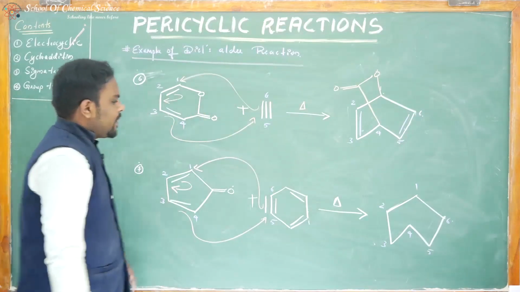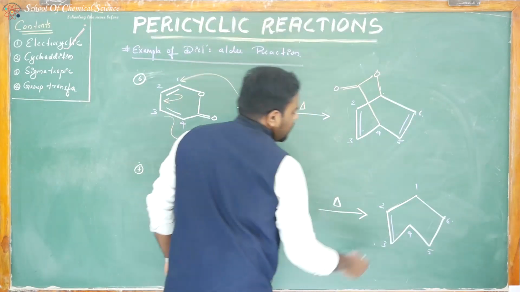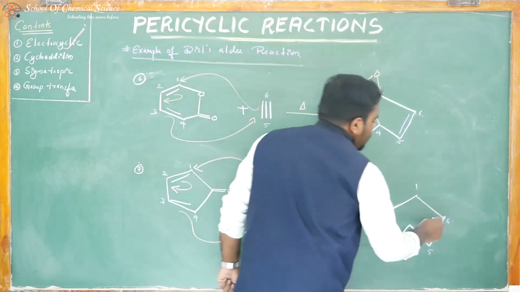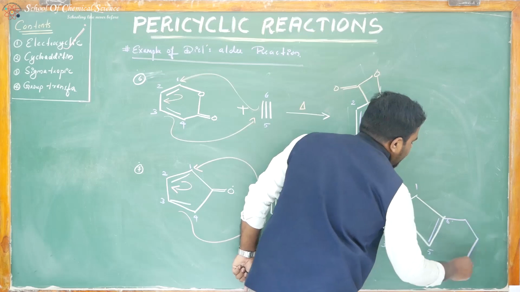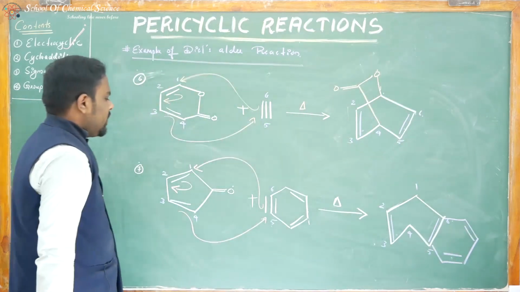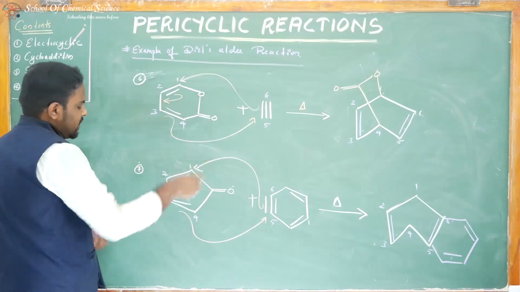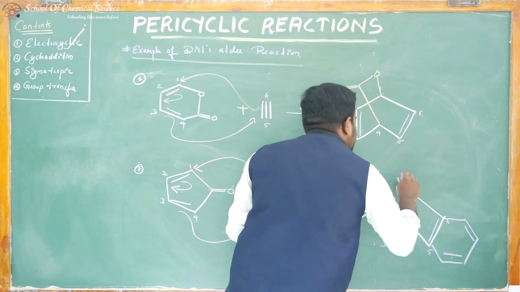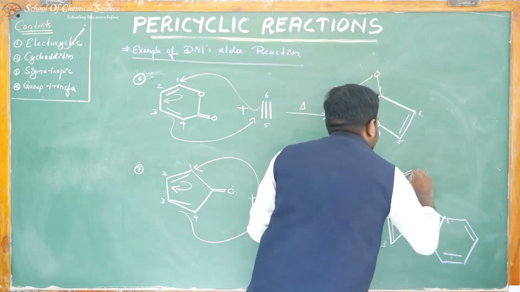Between 2 and 3, a pi bond is formed. Between 6 and 5, one pi bond is also remaining, and here a benzene ring is also remaining. Then at 1 and 4, a bridged C double bond O is present.